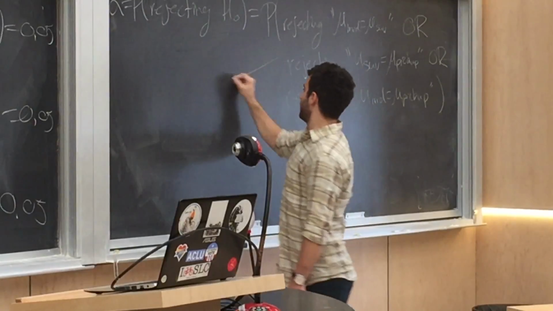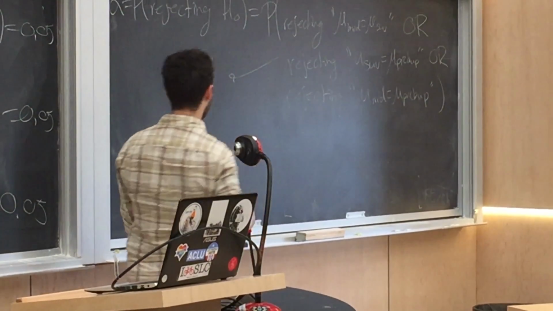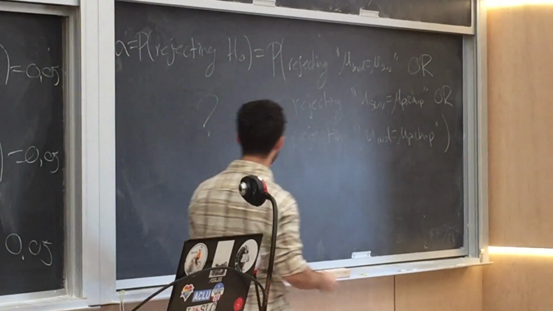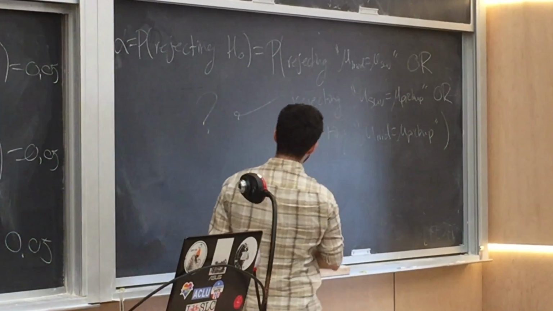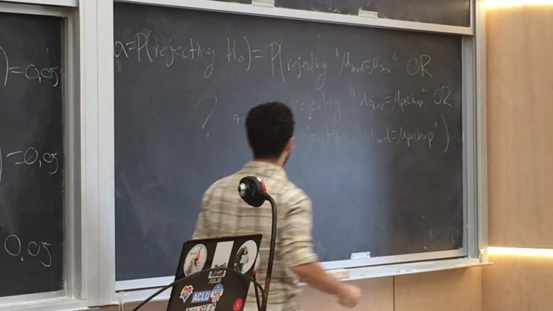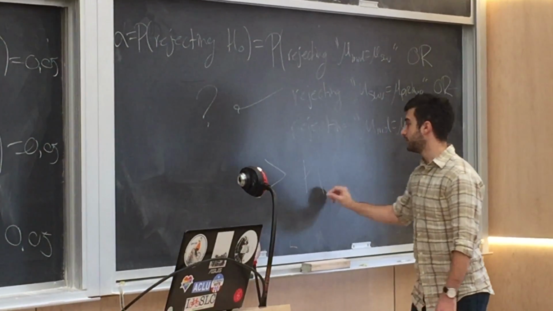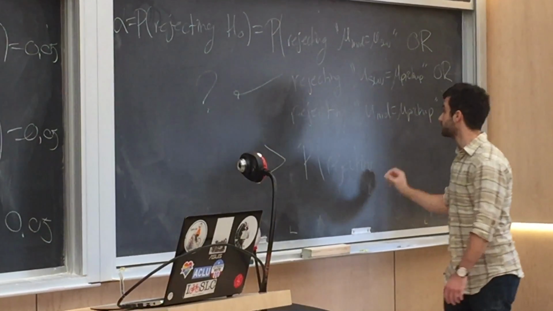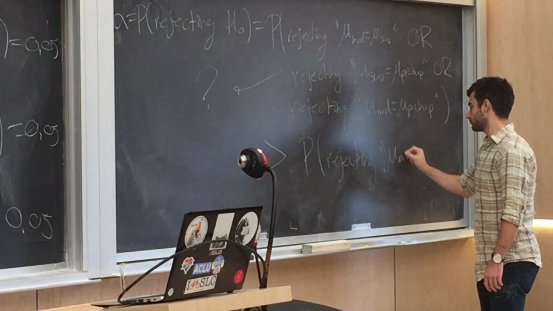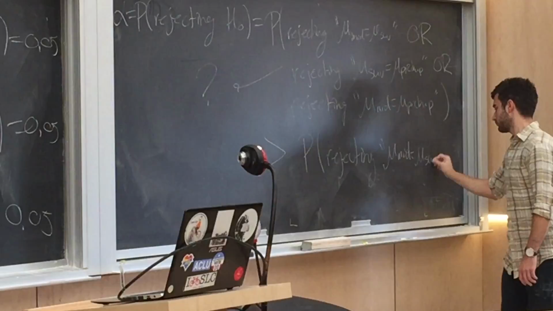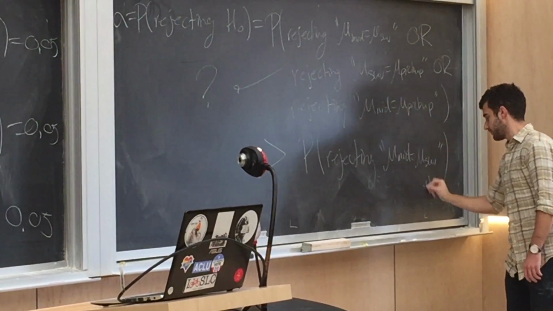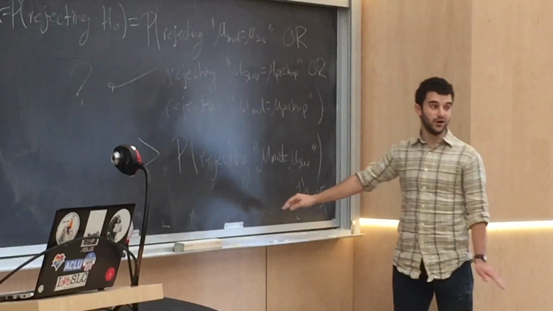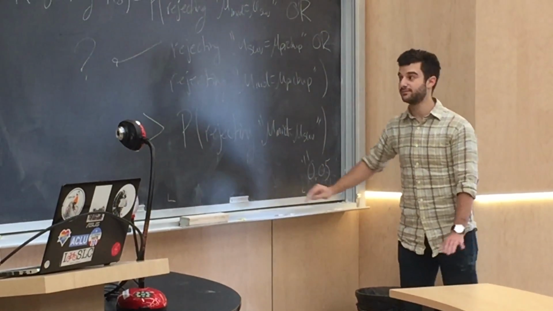Whatever this is, it's basically impossible to compute. But what we do know is that it's definitely going to be bigger than the probability of just rejecting the first hypothesis, and that we said was 0.05.